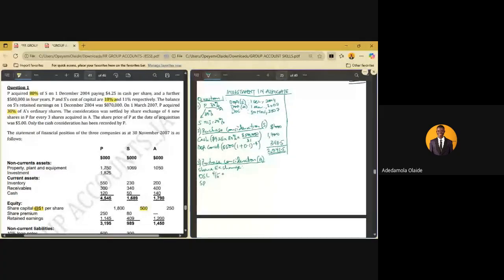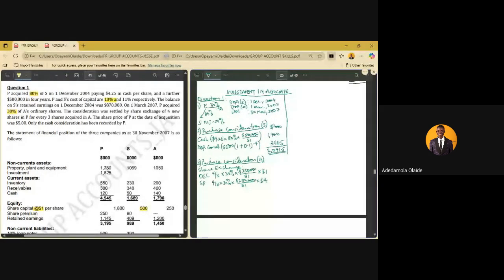The calculation will be 4 over 3, since they said 4 for every 3 they are acquiring, multiplied by 30% of 250,000 divided by $1, everything multiplied by the nominal value of $1. For the share premium, it will also be 4 over 3 of 30% of 250,000 divided by $1 multiplied by $4.